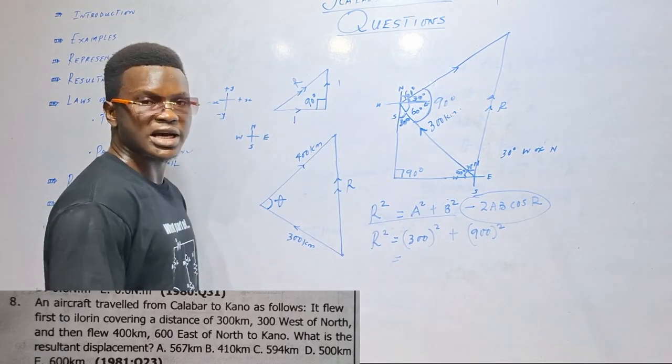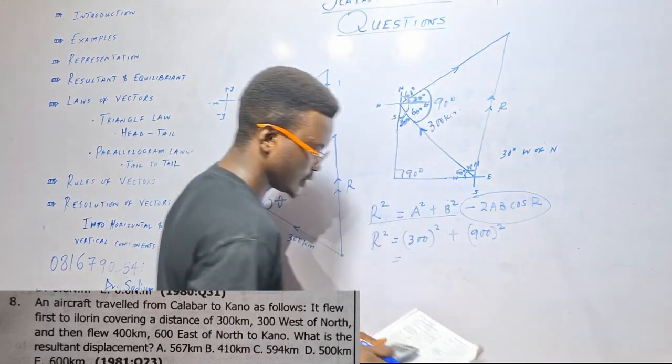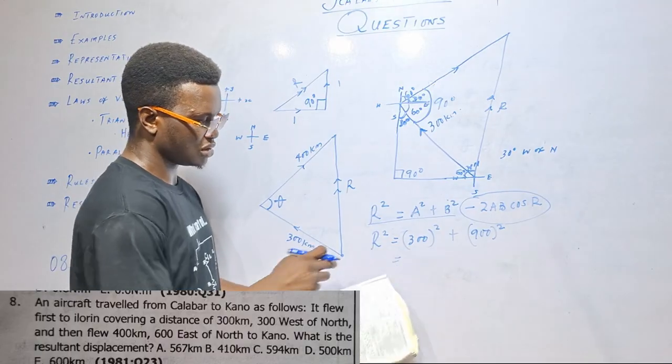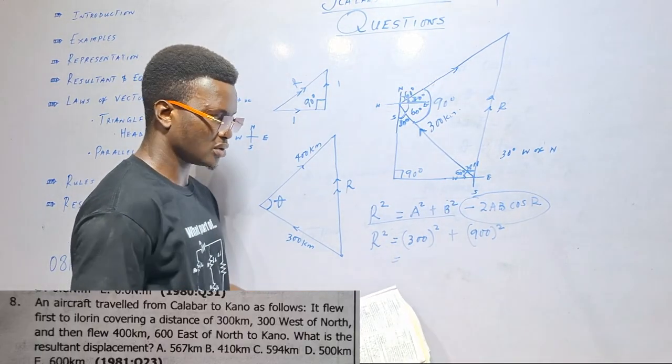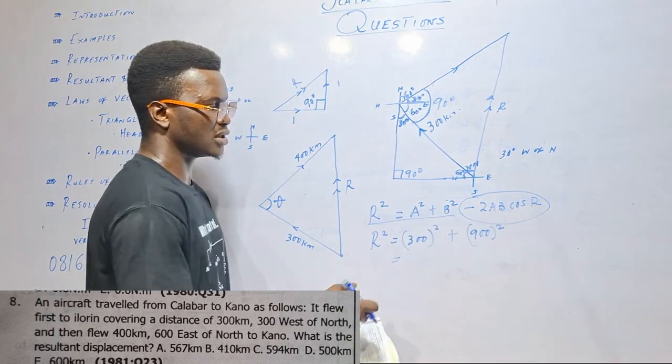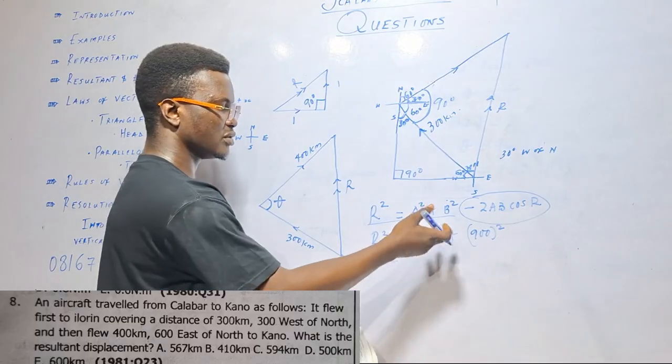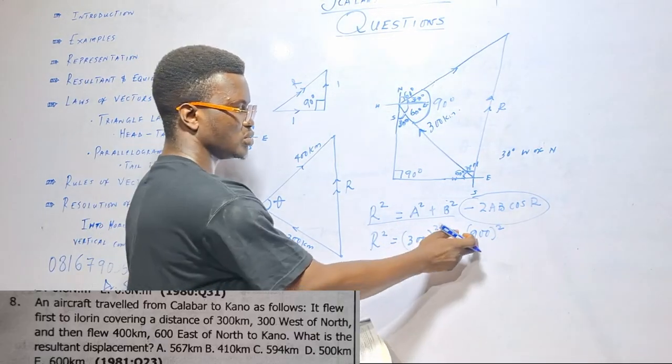So without wasting time, what would this give us? So let's check. That should be 9 then 40. So that should be 9,000. Let's check. This one should be 81. So this should be 81,000.